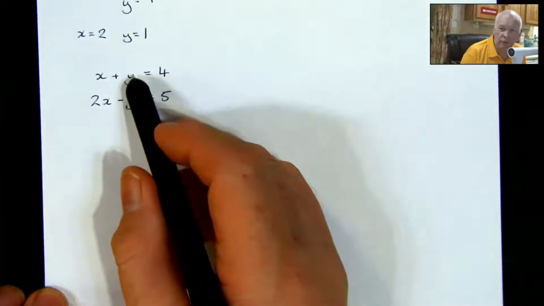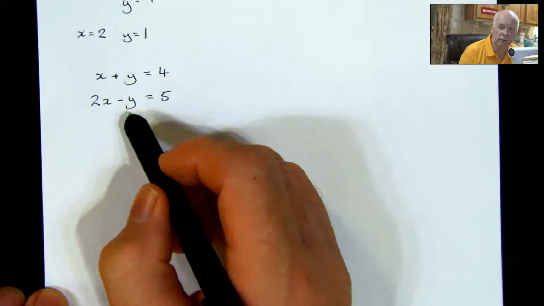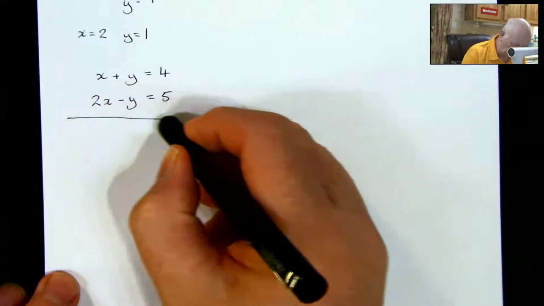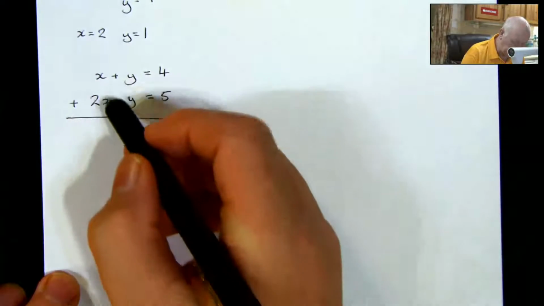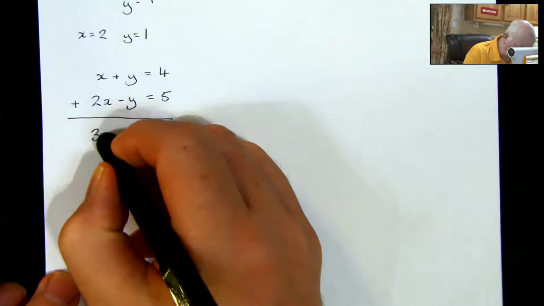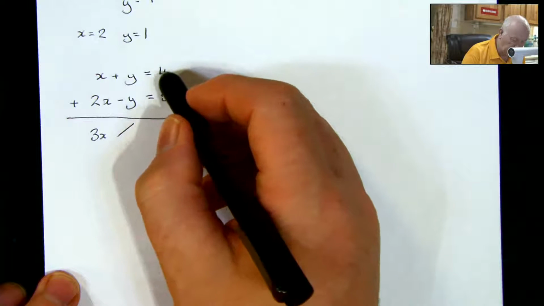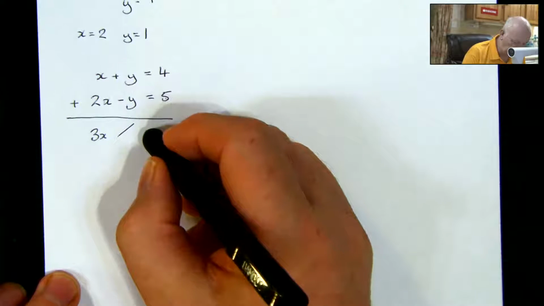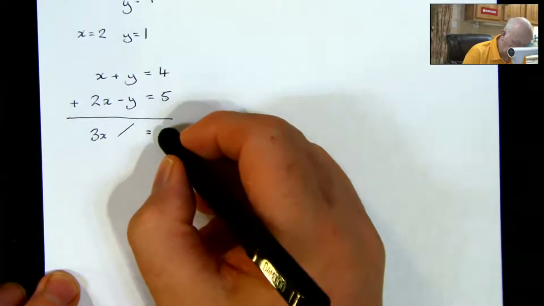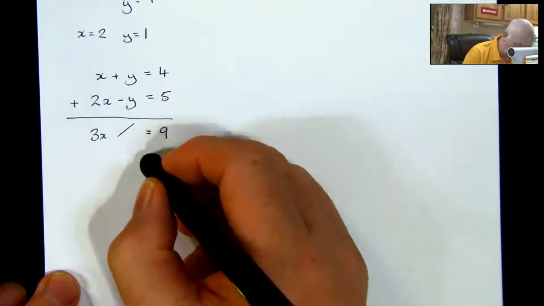Again, we've got a nice simple solution here where we can remove the y's by adding the two up. So x plus 2x is going to give me 3x. The y's are going to eliminate, and we add 4 and 5 together, which gives us 9. So we've got 3x equals 9.